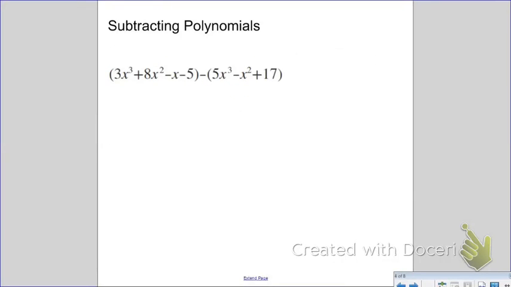Let's take a look at a subtraction. Subtraction does work slightly different. In subtraction, for the first polynomial, you are allowed to just drop off those parentheses.